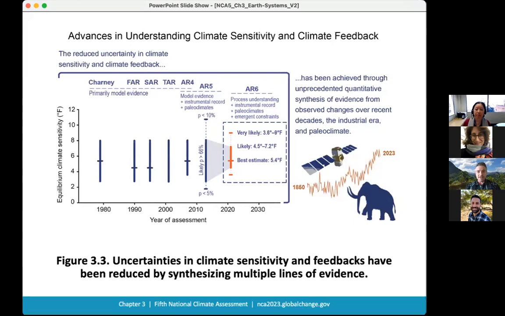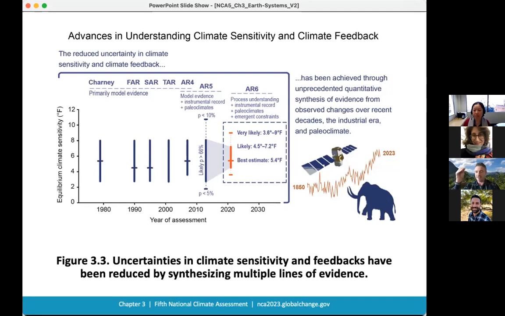But again, based on the unprecedented quantitative synthesis of, I'm just reading off the slide now, evidence from observed changes over the recent decades, paleoclimate data, this process understanding, and then a new approach that's been used in the last few years called emergent constraints, which is basically a statistical approach to better understand the variability that we see across climate model results.